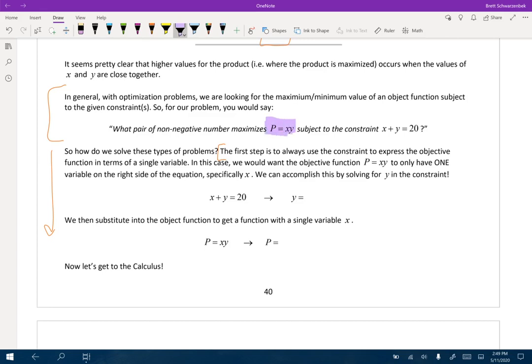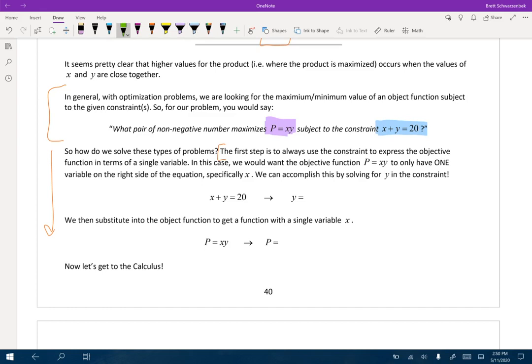But what we want to do is end up with an equation p is equal to something with only one variable. We don't want two variables on the right side. We only want one. So the goal is we need to use the constraint in order to turn that equation into a one variable equation, essentially.